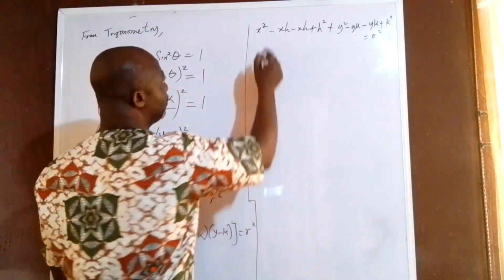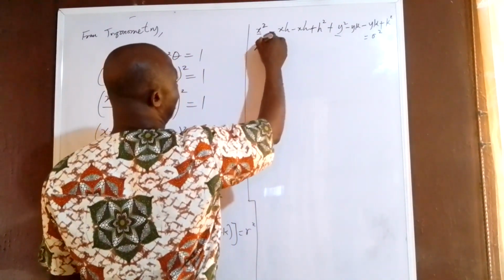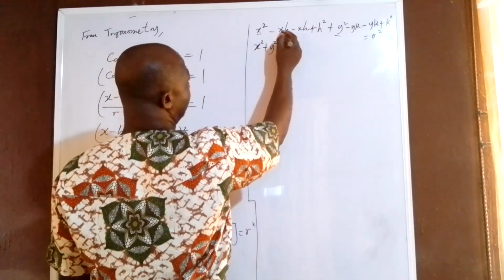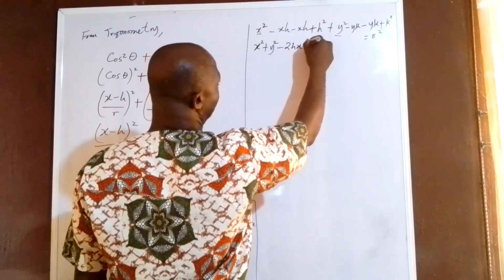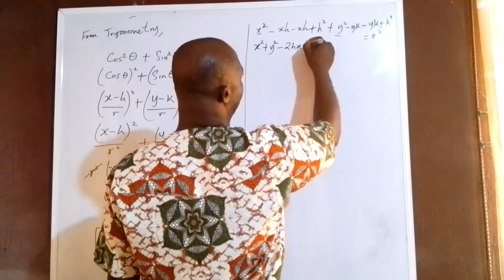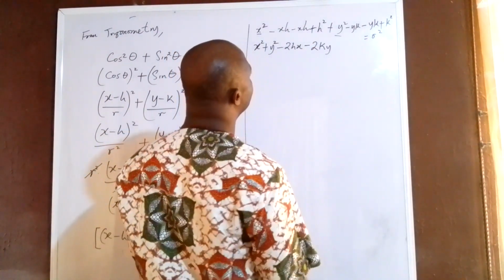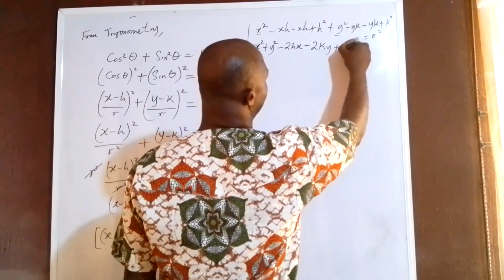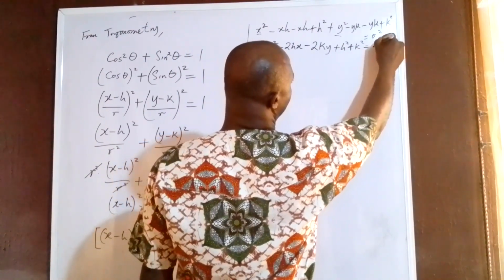So what I'm going to do now is to bring this and this together. So I have x squared plus y squared, then minus 2hx minus 2ky. Then we have plus h squared plus k squared equal to r squared.